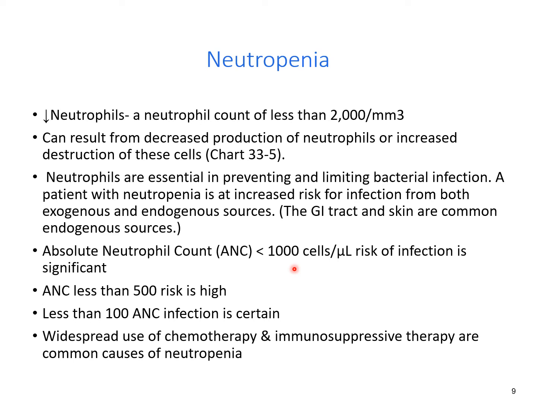Well, now in order for us to specifically know whether or not a patient is going to have an infection, we look at the neutrophils. The absolute neutrophil count gives us the real number of WBCs that are neutrophils. So it gives us the portion of the WBCs that are neutrophils, and we care about that number because that's going to let us know whether or not a patient has an infection or is at risk for an infection, right?